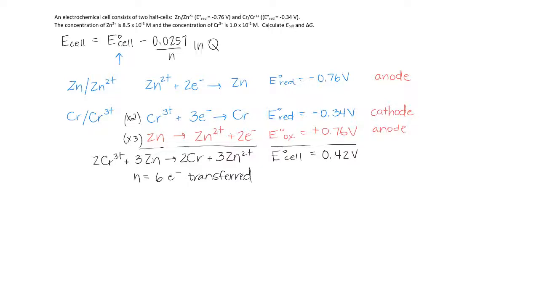Now we're ready to use the Nernst equation. So let's plug in what we know. We have cell potential equal to the standard cell potential, 0.42 volts, minus 0.0257 divided by n, which is 6, natural log of Q. Q is the reaction quotient, so we can put an expression in for Q. We know that Q will be the concentration of zinc 2+ cubed divided by the concentration of chromium 3+ squared.